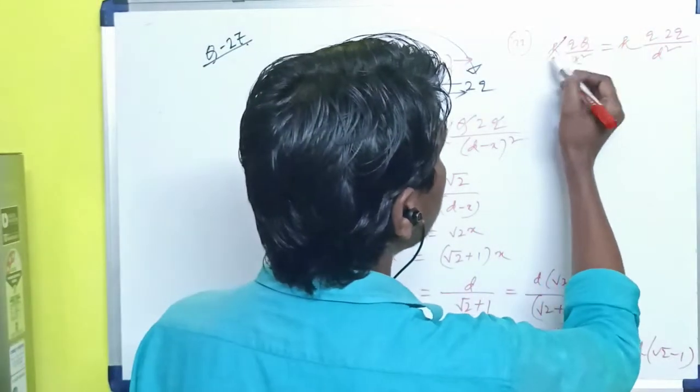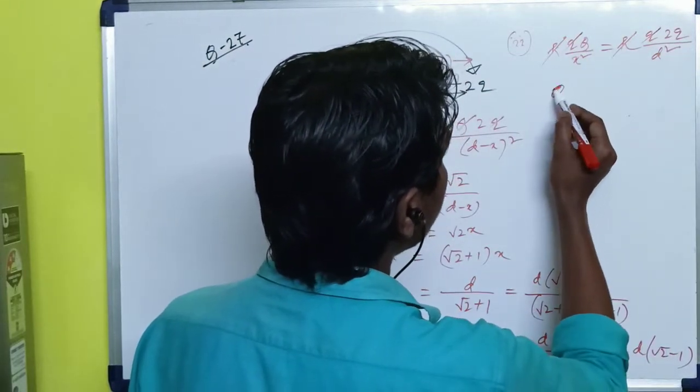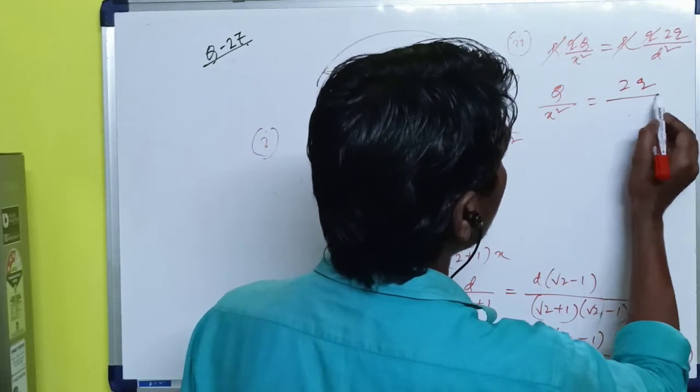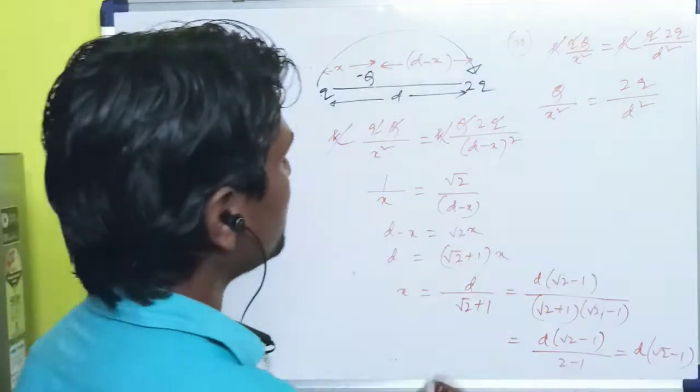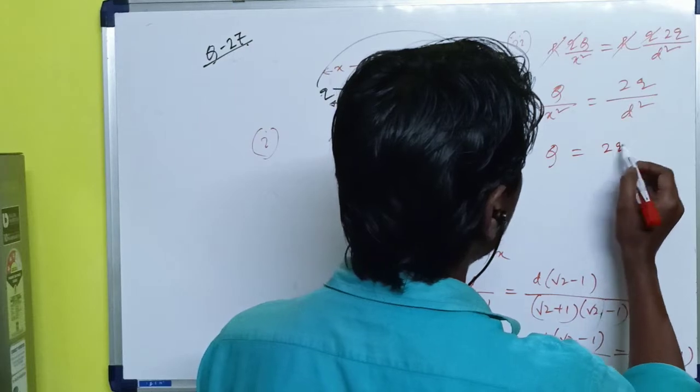Then this cancels, and this one also cancels this one. So capital Q by x square equal to 2 small q by d square. So the answer is capital Q equal to 2 small q into x square.